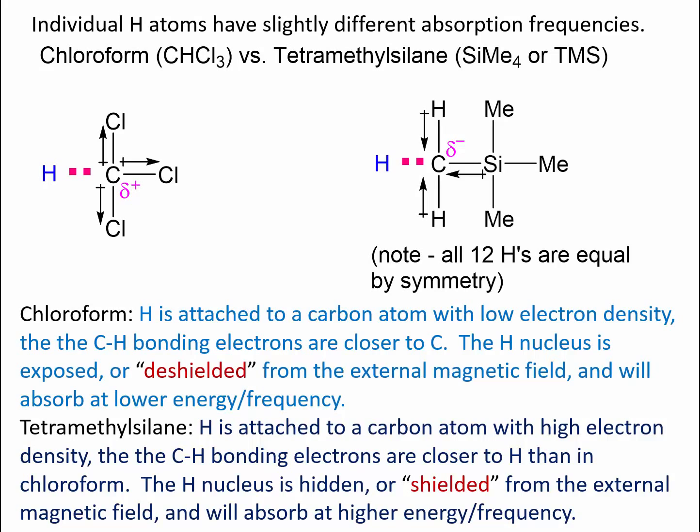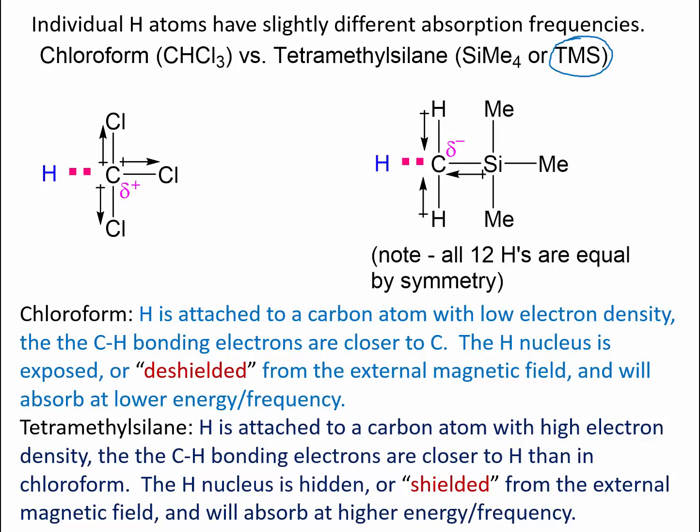Okay, let's look at another extreme. This is a compound called tetramethylsilane, or TMS. It's a very important compound. It's the reference compound in NMR spectroscopy. What we have here is silicon is below carbon in the periodic table and thus less electronegative. So carbon is pulling electrons away from silicon.